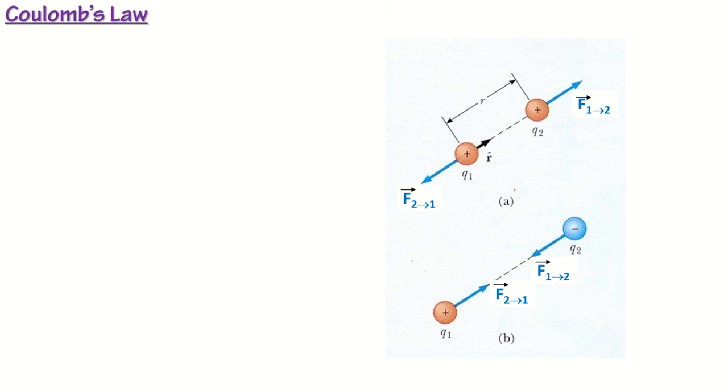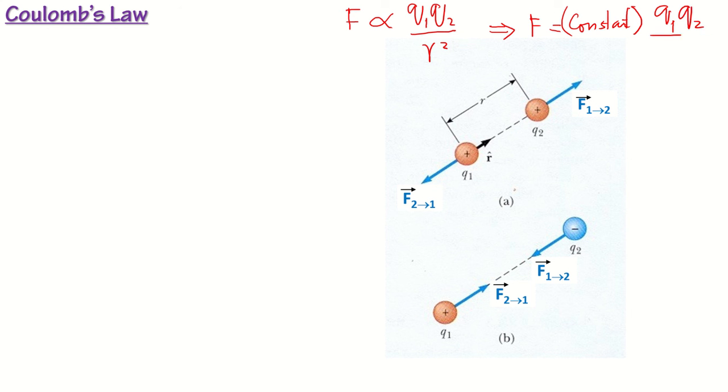So the force of attraction or repulsion between two charges we can write as proportional to Q1 Q2 divided by r squared. This we can also write as some constant, called the constant of proportionality, times Q1 multiplied with Q2 divided by r squared.